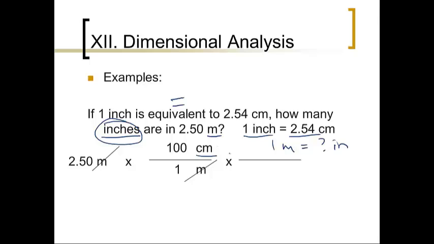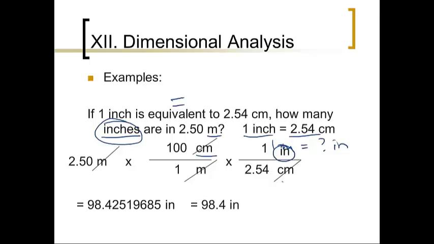I've got to get rid of centimeters. On the top, I want inches. Now use the equality we just got from the problem: 2.54 centimeters equals 1 inch. Cancel out. Now the units when we're done are going to be inches. So there's our answer. Round it off in terms of sig figs, and you should only have 3 sig figs.